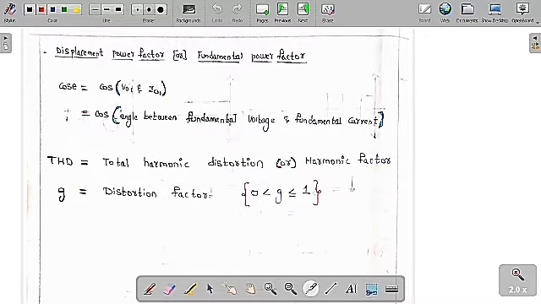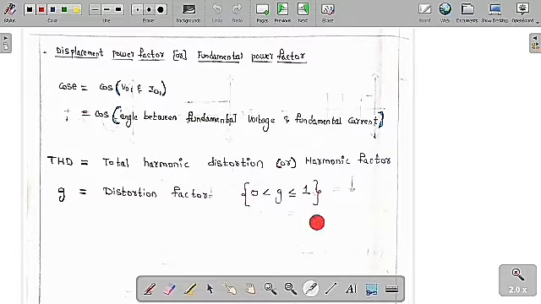Where THD is called the total harmonic distortion or harmonic factor. So you can call it either total harmonic distortion or the harmonic factor, where G is called the distortion factor. The value of G is going to lie between 0 to 1, because G is always the ratio of the RMS of the fundamental by the RMS of the total. In the rare case they both can be equal, or it will be less than 1.